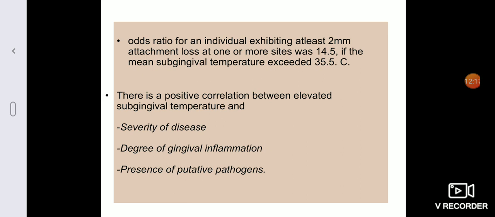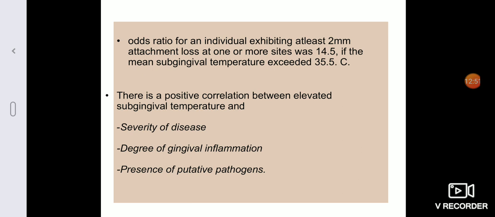Now, the chance for an individual exhibiting at least 2 mm attachment loss at one or more sites is 14.5 times if the mean subgingival temperature is more than 35.5 degrees centigrade. There is a positive relation between elevated subgingival temperature and severity of the disease. That means the higher the disease severity, the higher the subgingival temperature, and the higher the gingival inflammation.